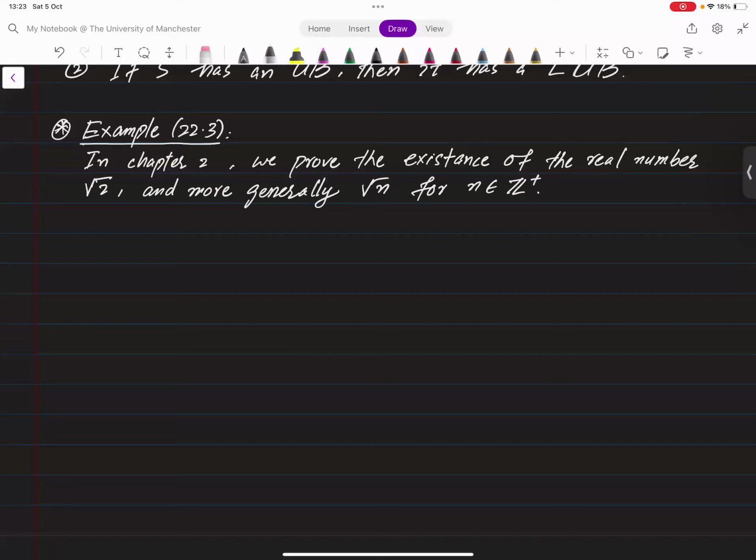However, proving the existence of the real cube root of 2 is not so easy. In this example, I'll show you how to use the completeness axiom to prove the existence of it.